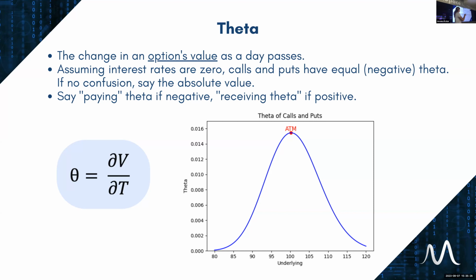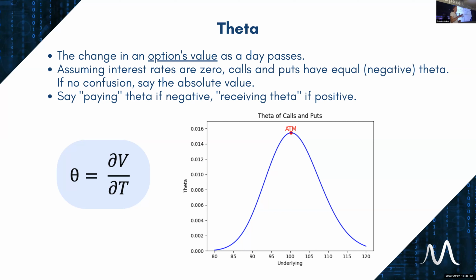So the theta of an option is, let's say 1 day passes, then you're going to pay theta less for the option, for both calls and puts, right? Because with less time, your option is worth less, because there's less time to experience the volatility. So the theta of calls and puts are both negative.